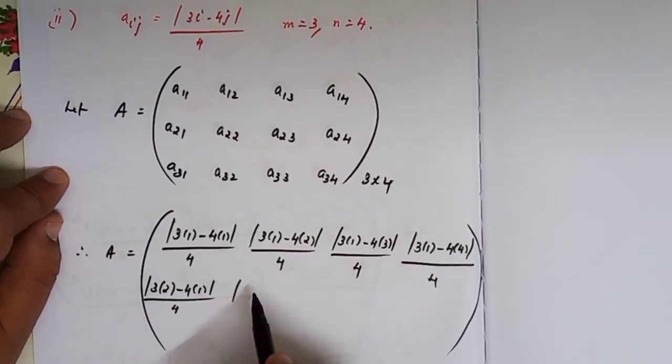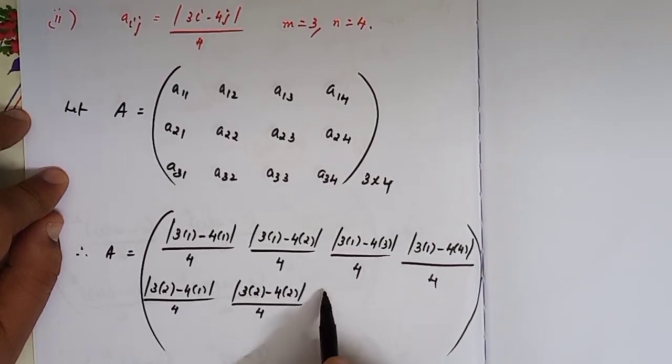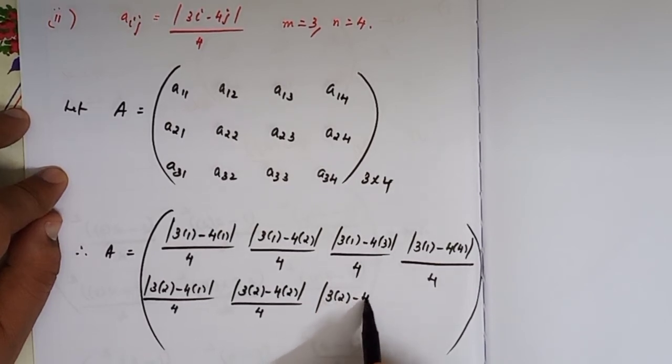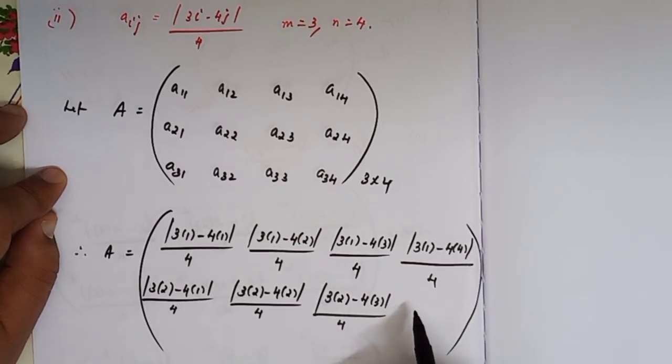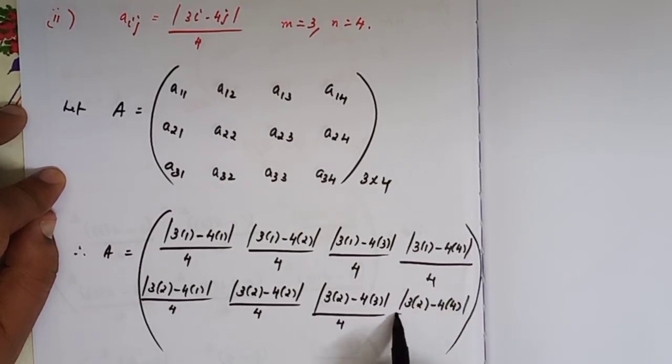Then 2 and 2, that is (3 into 2 minus 4 into 2) divided by 4. Then 2 and 3, (3 into 2 minus 4 into 3) divided by 4. Then 2 and 4, modulus of (3 into 2 minus 4 into 4) divided by 4.